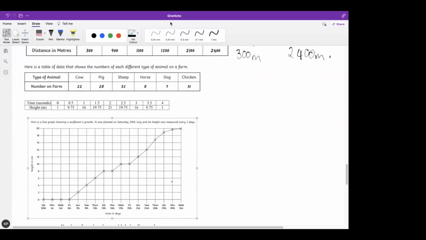Continuous or discrete? A sunflower's growth every 2 days. Spongotla says discrete, Lindile says discrete. Why do you say discrete? Let's hear what we have.